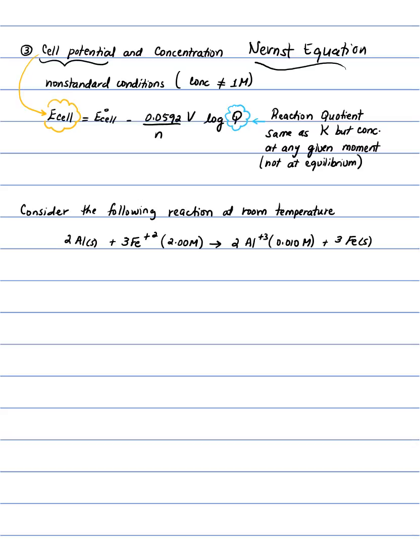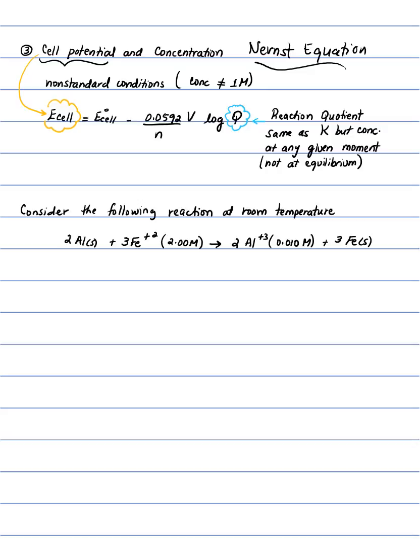The difference between Q and K is that when you're calculating K, the concentrations that you're using are concentrations at equilibrium. When you're using Q, the concentrations that we plug in to get Q are concentrations at any moment during your reaction, any moment. You don't have to wait for the reaction to reach equilibrium to get the concentrations. You don't have to do that with Q.